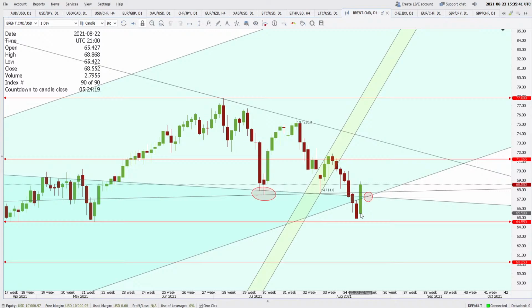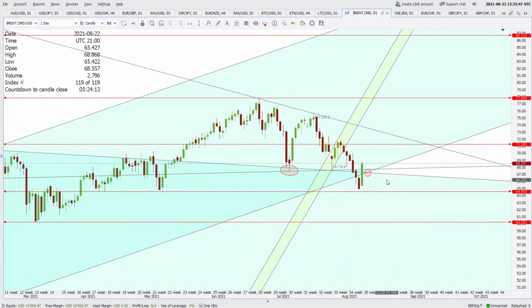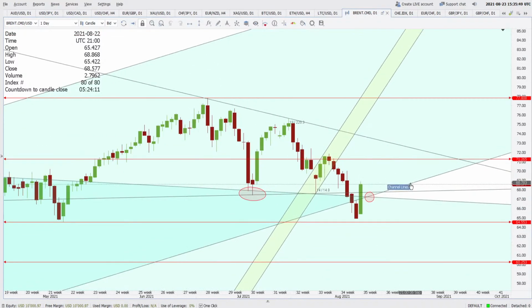Whatever it is, it is now saying that 71.26 is the next resistance for the price. If it gets rejected from here, then we'll be looking for 64.55 again. Right now I'm not looking for buying here because there was so much sell-off in the past. There's no buying considered in this Brent.